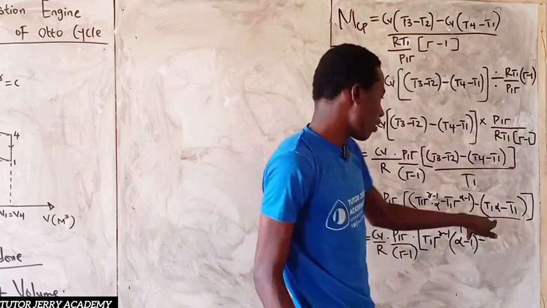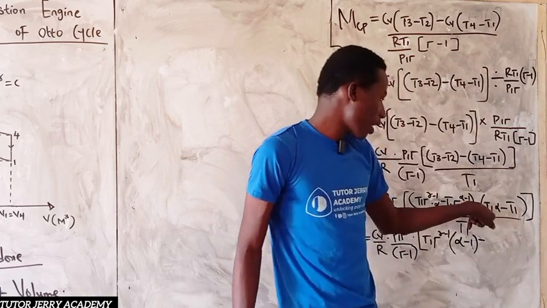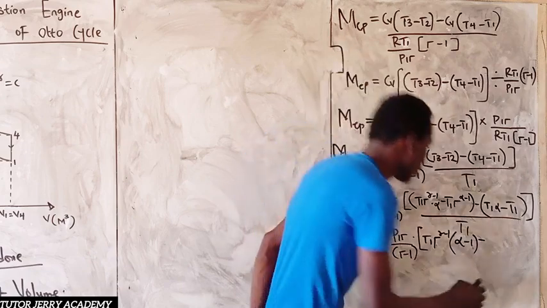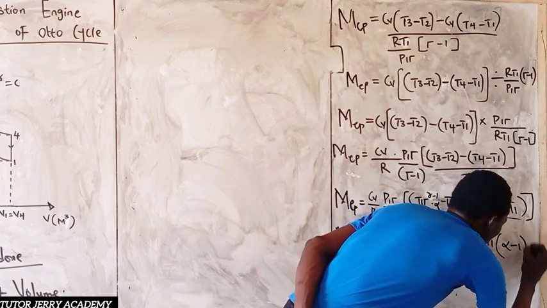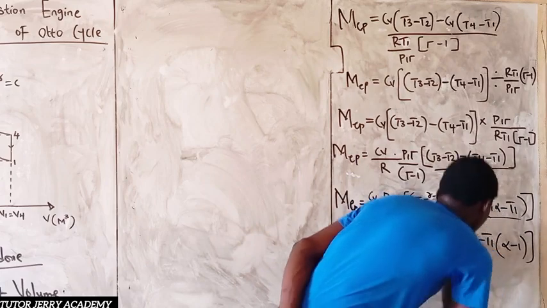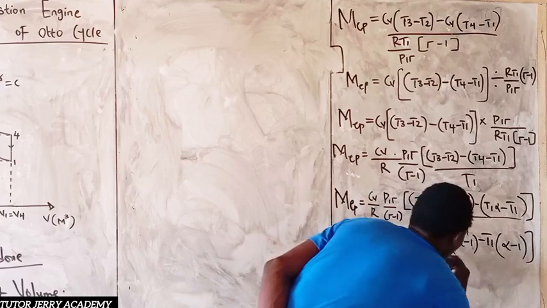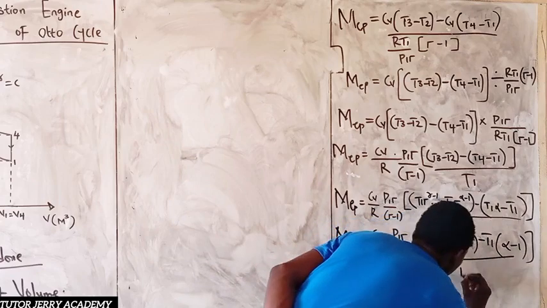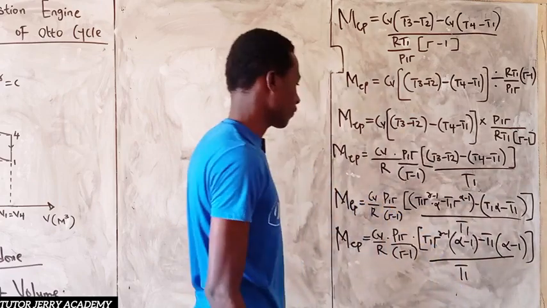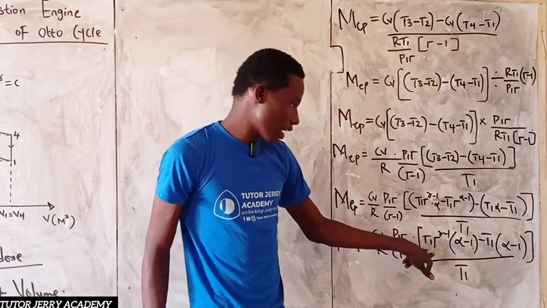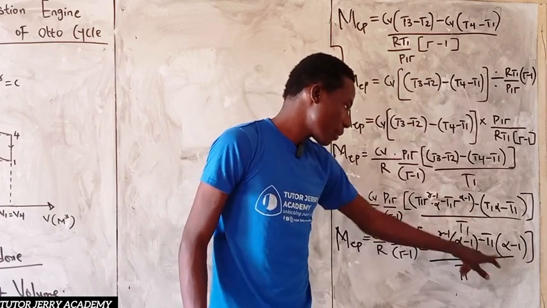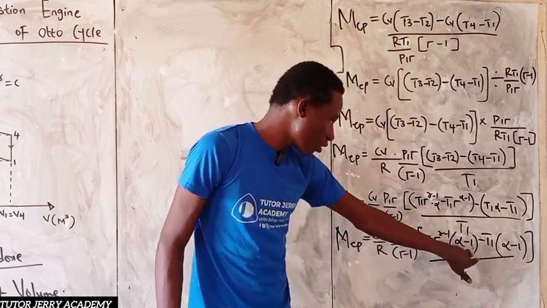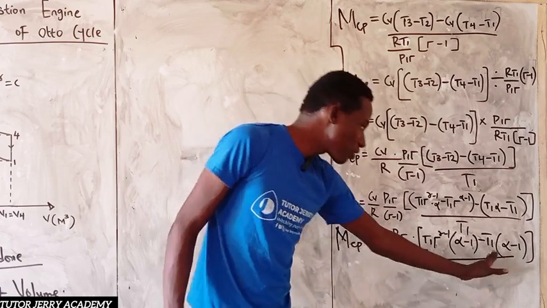Now from here, of course, I can only factor out T1. So I have T1 here into alpha minus 1. Everything here is all over T1. Now you can see that we have T1 here, and you can also see that we have T1 here. These two terms, I can split them and say what is here divided by T1, what is here also divided by T1.